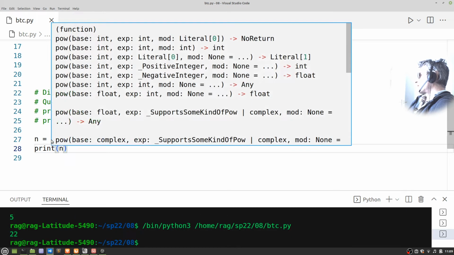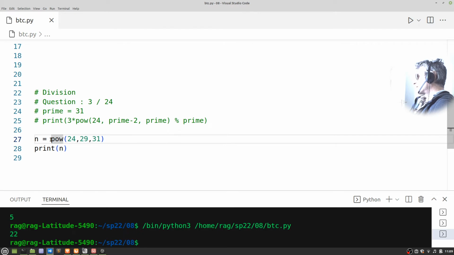Now we need to do 3 times that number. In a minute, we should end up with the same result as what I've got above. Just put it all in brackets, tidy it up. So there we go, the answer is 66. But what we also need to do is do the modulo there.